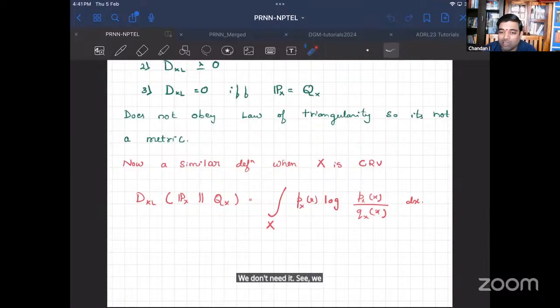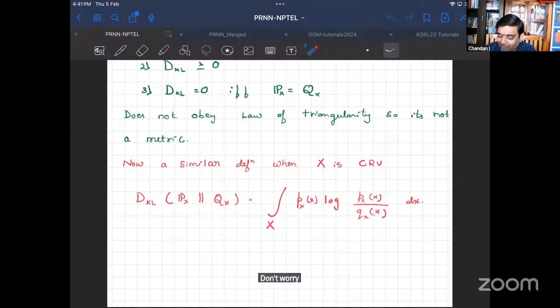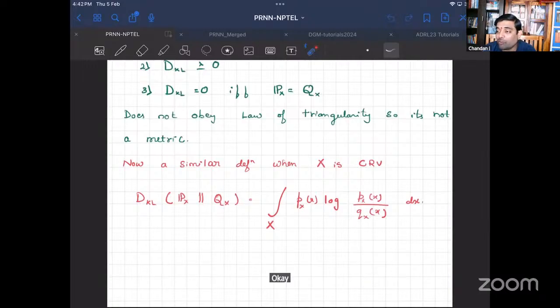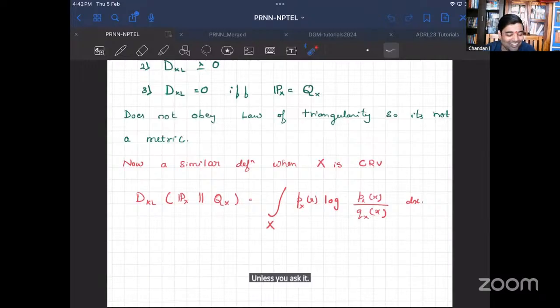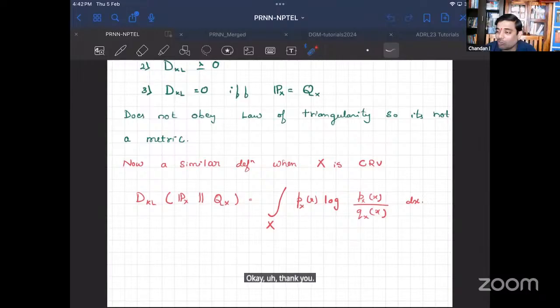We will not even be uttering Borel sigma algebra from now on. Don't worry. It was needed only at that point to make a point, to help you appreciate that finally everything is a random variable. Apart from that, we will not be uttering that word from now on, unless you ask us. Okay. Thank you. Yes, Utsav, go ahead.